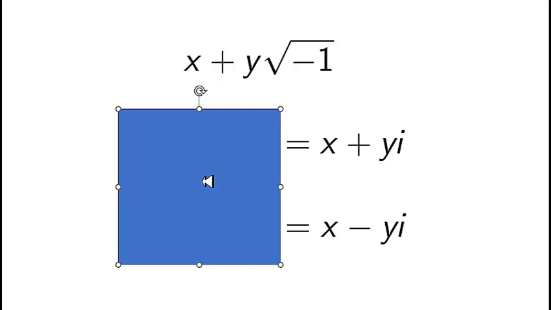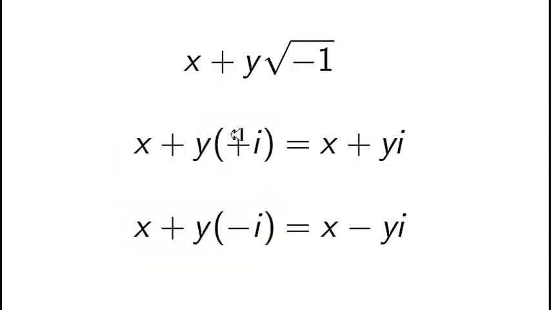But when you put the intermediate step in, this goes to here and goes to here. When you write everything out in full, it makes it abundantly clear that the square root of negative 1 is equal to positive i and negative i, where i is the identity of the imaginary numbers.